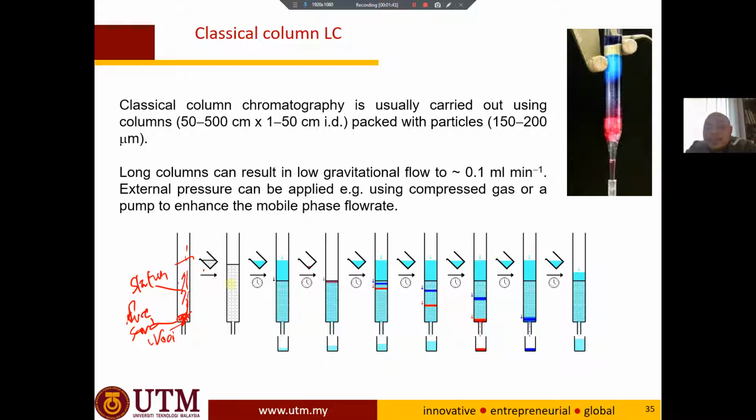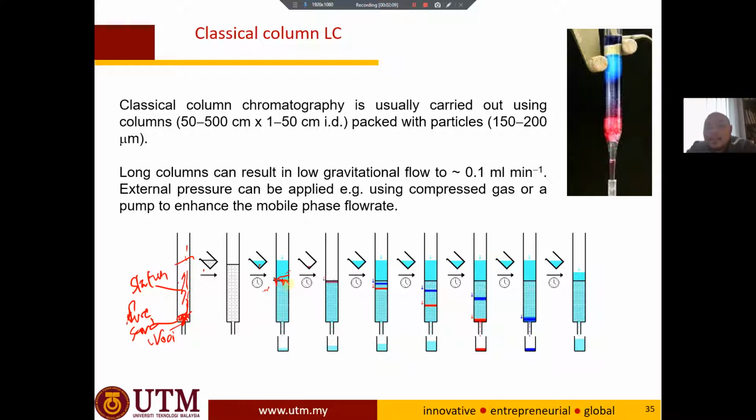So from here he just puts the stationary phase and then puts the solvent later on. Now he loads the sample. Maybe before that, you can find in other videos or journals, they put another layer of sand. Sometimes they just put the sample directly. Why do they put sand above?